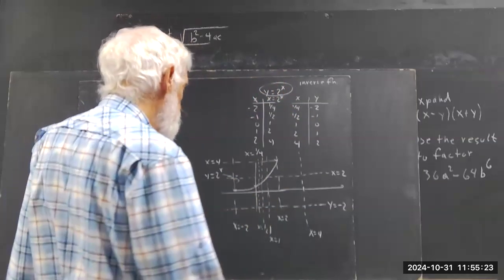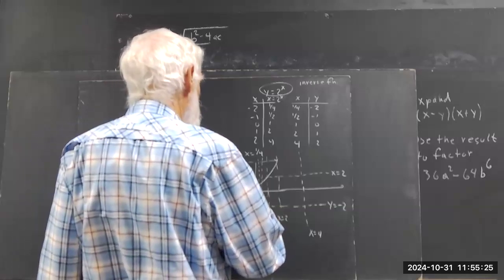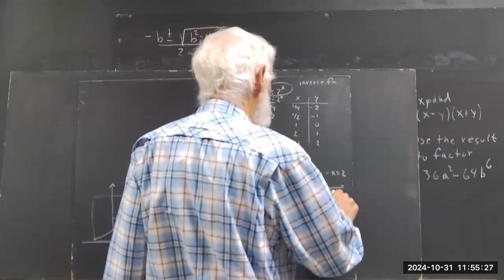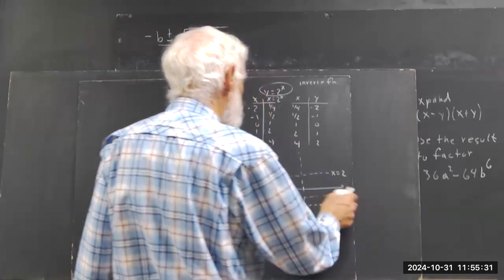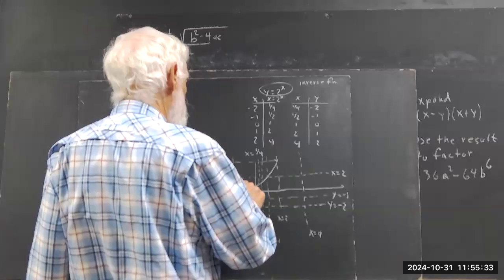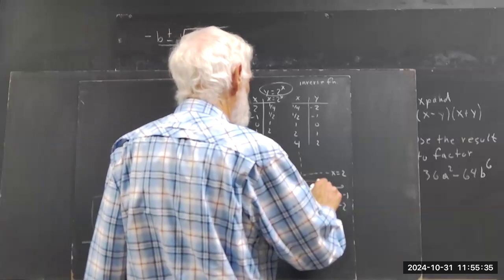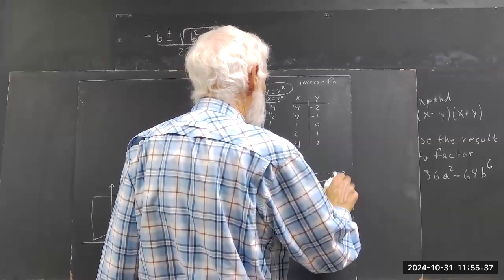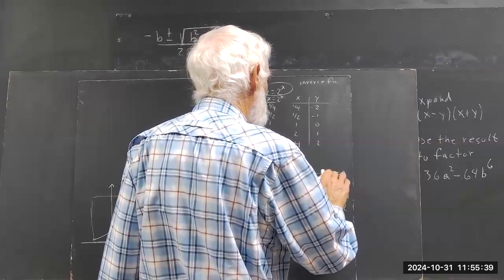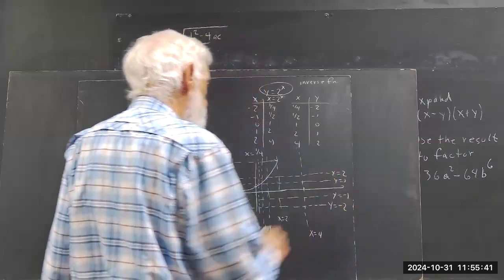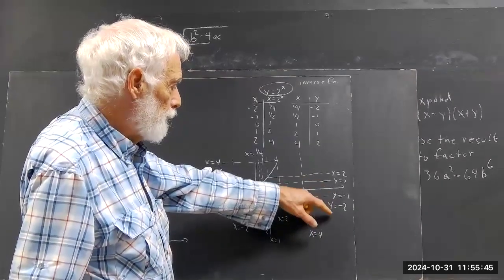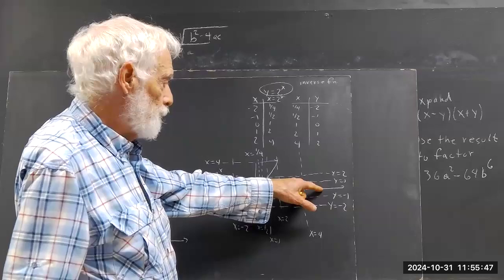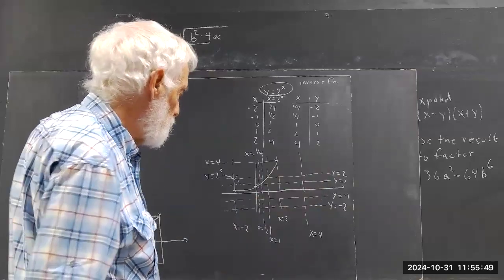Okay. And then, of course, y equals -1 would be halfway between the x-axis and the y equals -2 line. And this should be y equals 1. Right. So we got the lines y equals 2, y equals 1, y equals 0 is the x-axis, y equals -1, y equals -2.